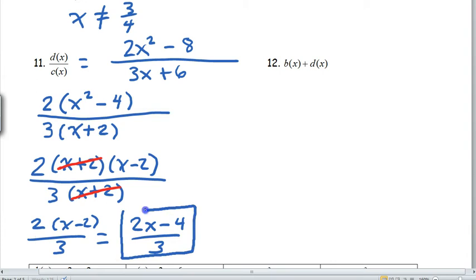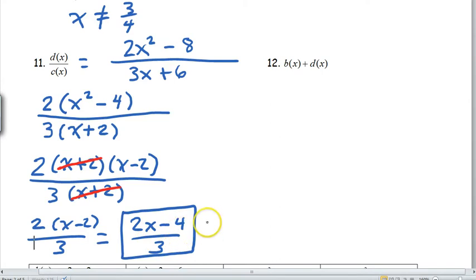So that is the answer. Where did the 4 come from? I distributed the 2 back. In the end, we don't want any parentheses in the answer. So we had to factor it, but at the end we have to distribute again. Does everyone see where the minus 4 came from now?